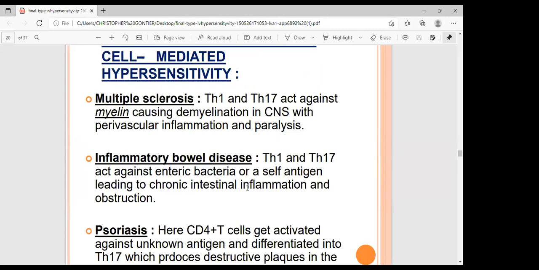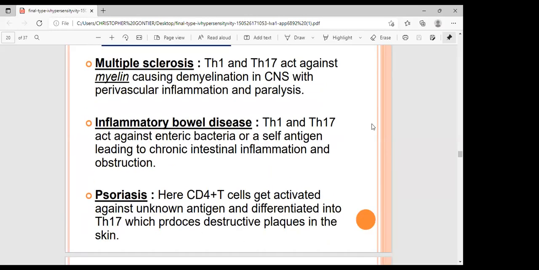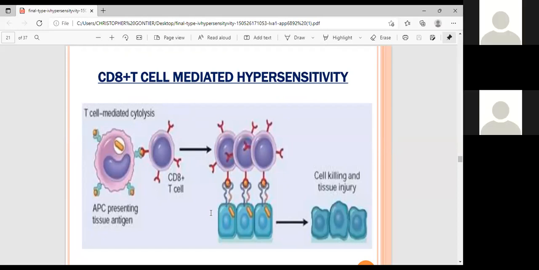Then other examples, multiple sclerosis, the now appearance of Th17.